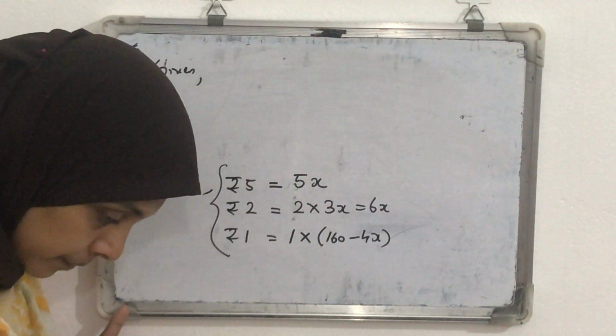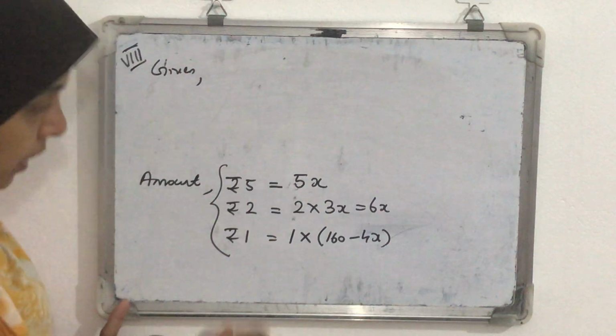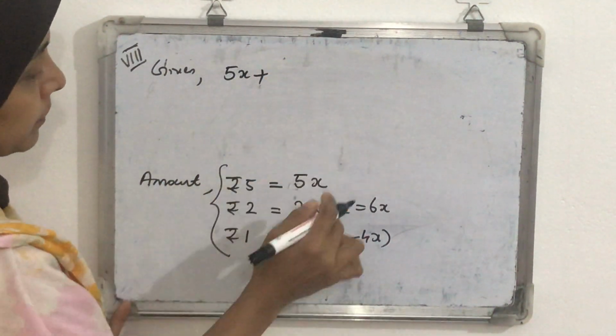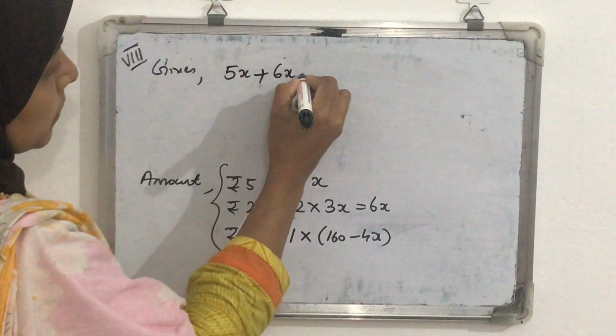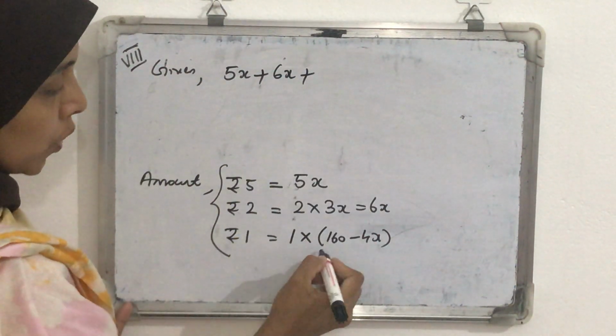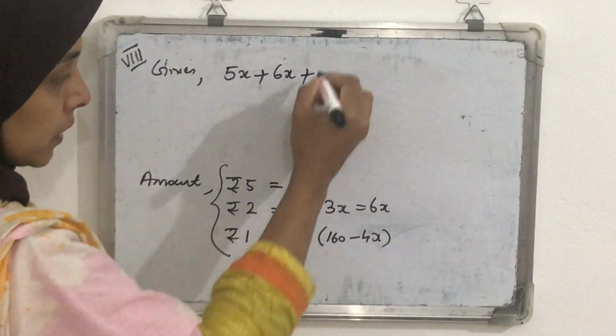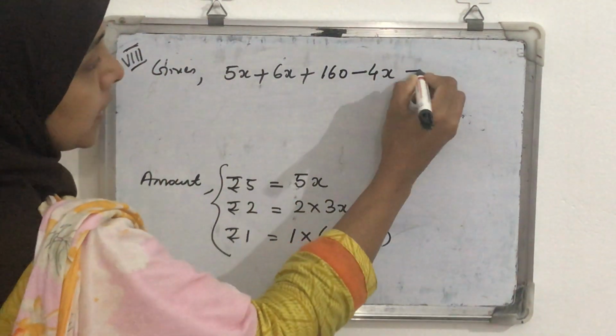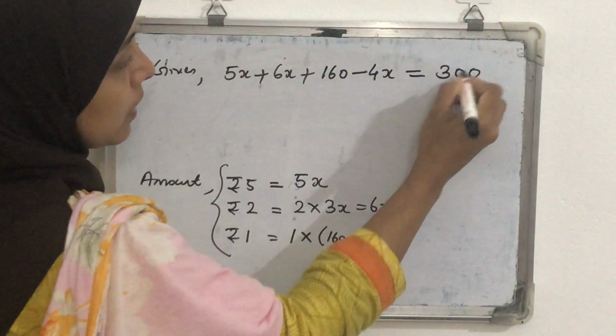So what can we write? 5x plus 6x plus 1 into 160 minus 4x, that is given as 300 rupees.